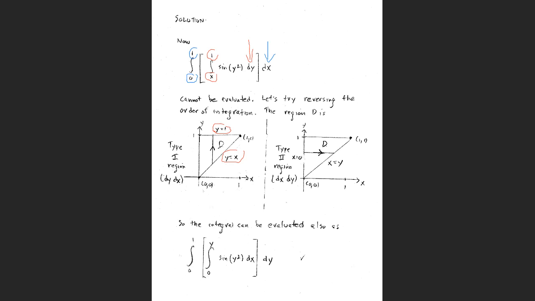And so you've got a triangle. That's what your region D looks like. It looks like a triangle. It has to be a triangle.